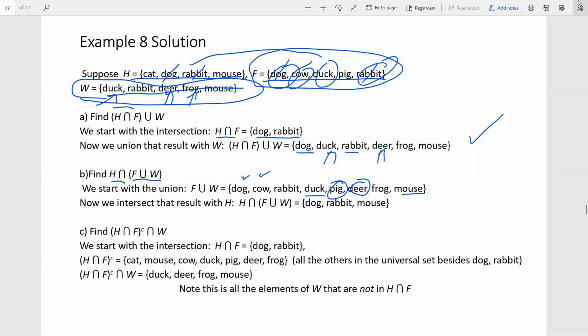And now we want to intersect that with H.